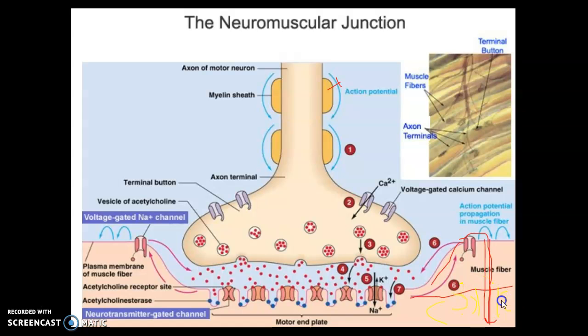The sarcoplasmic reticulum stores calcium. Well, when this action potential comes in via the transverse tubules, it stimulates voltage-gated calcium channels to open, okay, which cause calcium to be released into the sarcoplasm, which is the cytoplasm of a skeletal muscle cell.